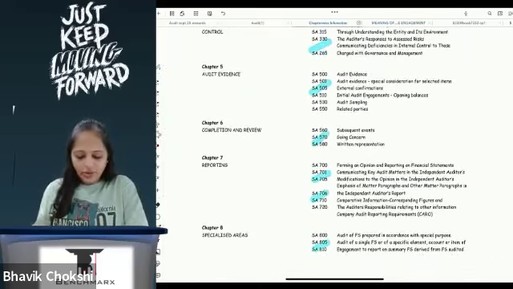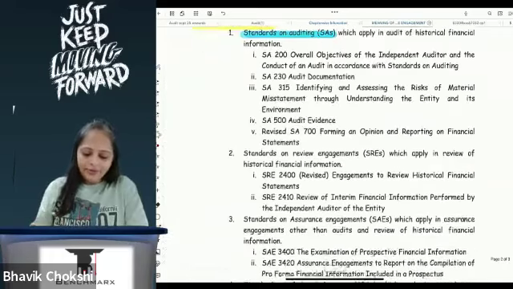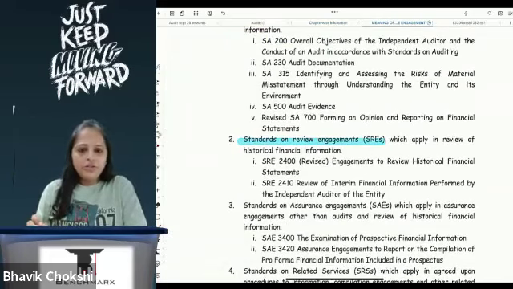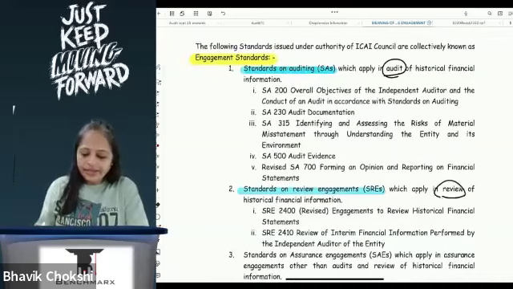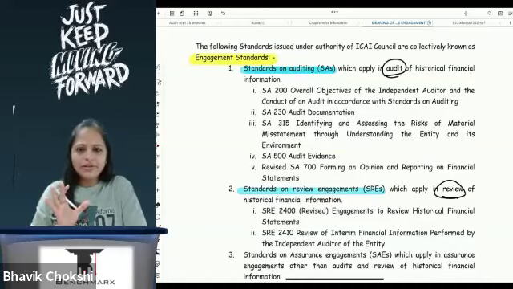So standards of auditing. Then you have standards on review engagement. I told you there's a difference between an audit and a review, correct? When I'm doing an audit, this is the standard that I have to follow. We know what standards are.